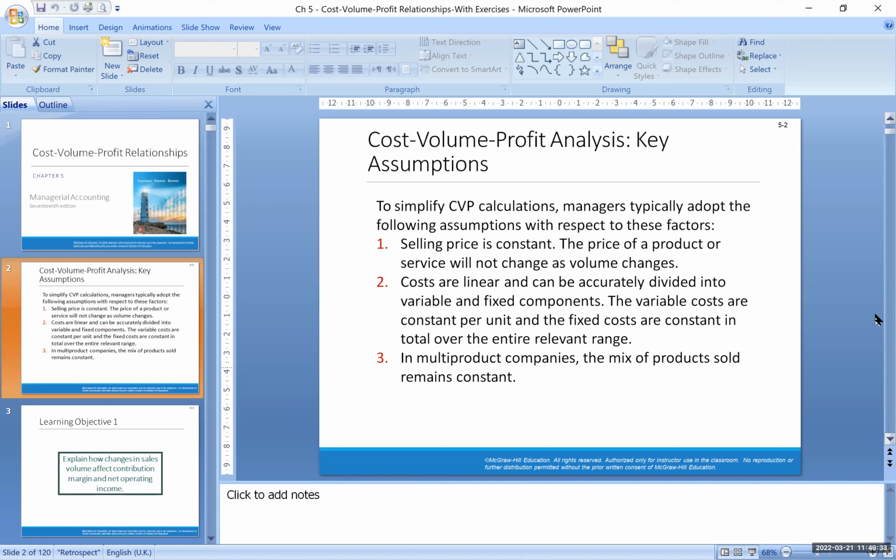So in total, the fixed cost will be constant. But the fixed cost per 1 unit, if you remember from chapter 1, will decrease in regard to the units of activity. If we increase the units of activity, then the fixed cost per 1 will be less.